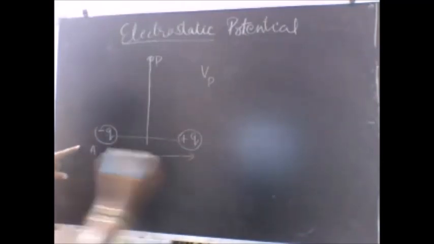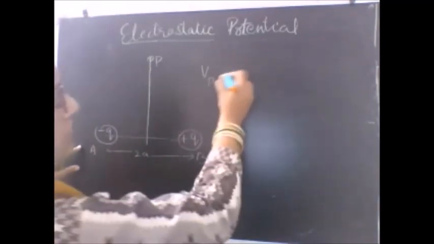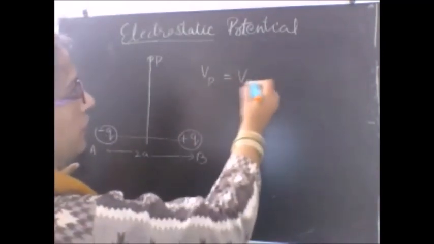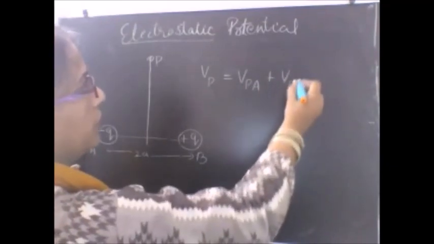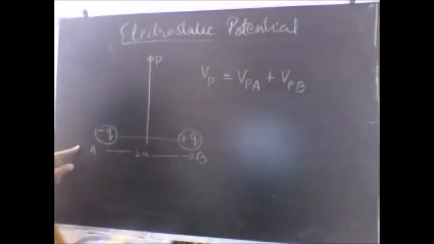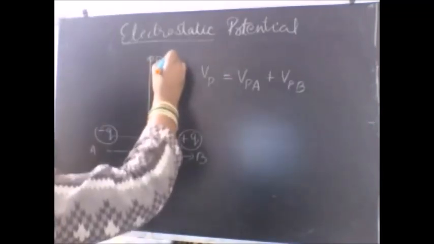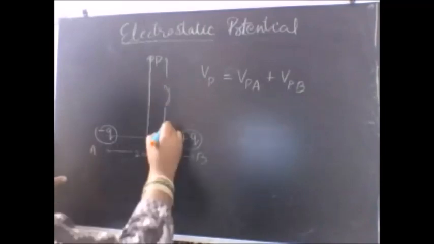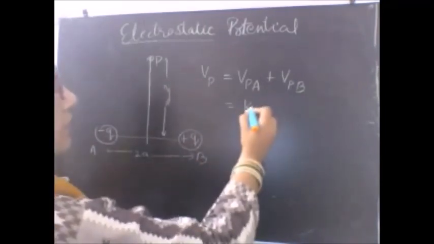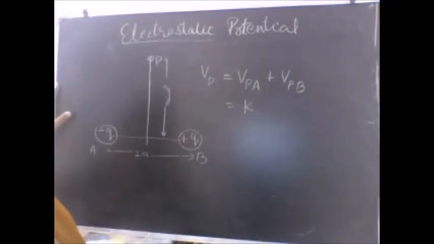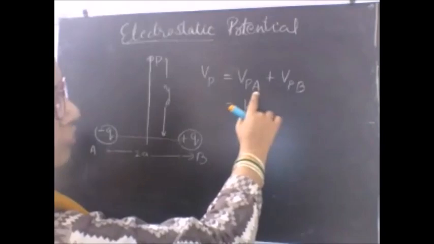Let me call this point A and this is point B. So this is the potential at P due to A plus potential at P due to B. Let us put the formula, and this distance we are taking to be y. So the formula is electrostatic potential is KQ by R, where Q is the source charge. So KQ, charge on A.